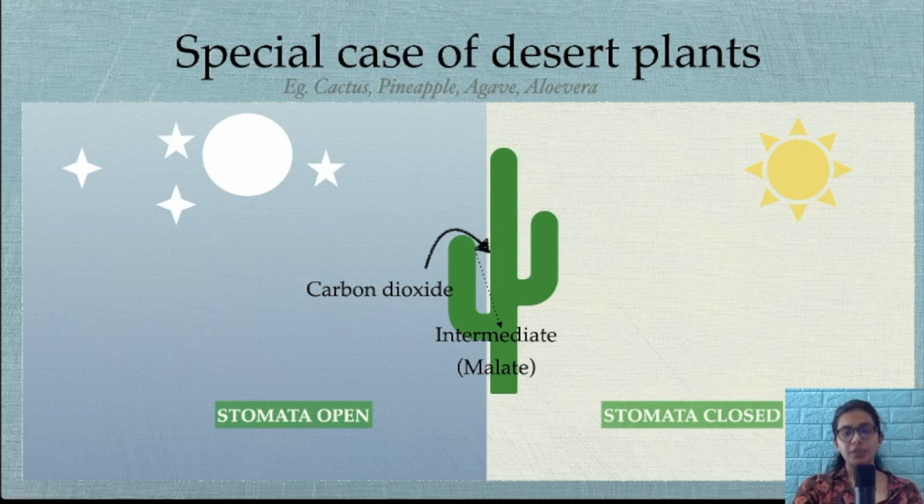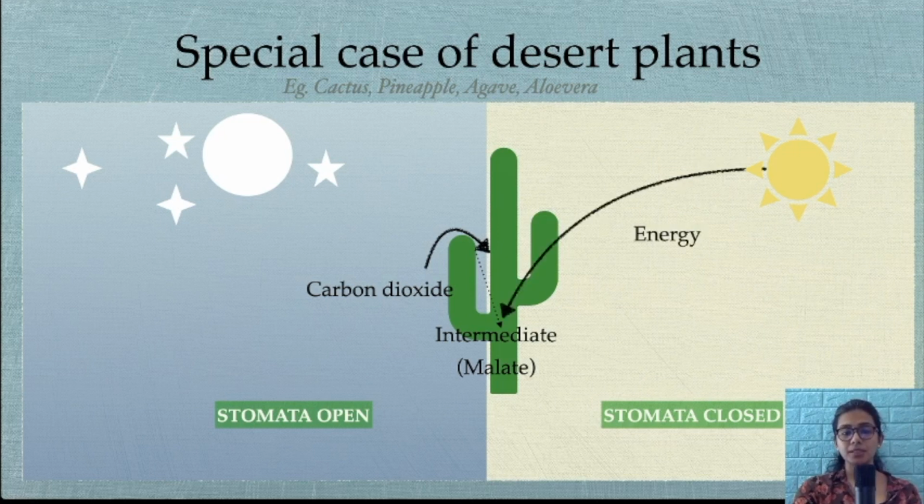Now it waits for daytime to come. Why can't it carry out photosynthesis then itself? Because photosynthesis needs sunlight, right? Without sunlight, it cannot occur. That's why that carbon dioxide converts into an intermediate and waits for the daytime to come. So once it's daytime, the light energy from sunlight is used.